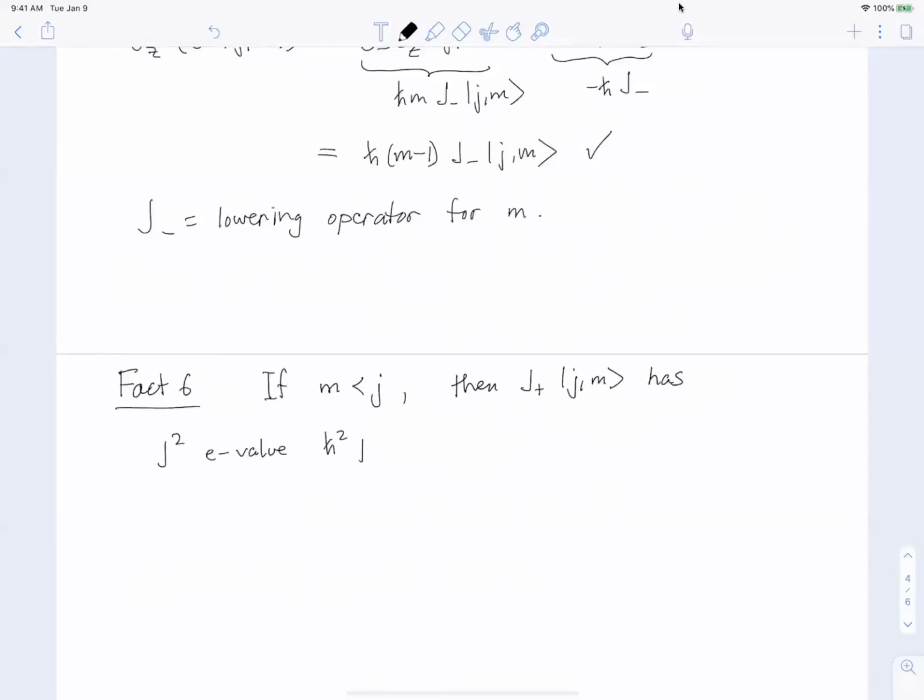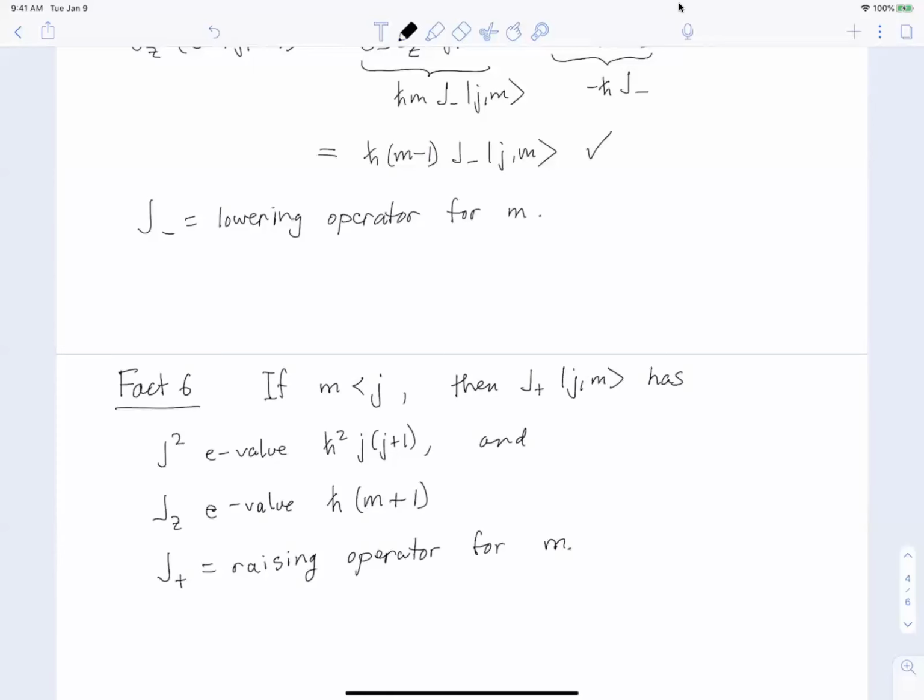It's the same thing. And the j sub z eigenvalue is, well, first of all, it's an eigenstate of j sub z. And secondly, the eigenvalue is with m increased by 1. And so what we learned from this fact is that j plus is a raising operator for m. So j plus and j minus just decrease or increase the m eigenvalue.